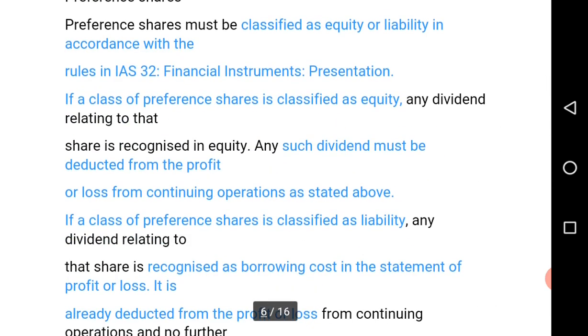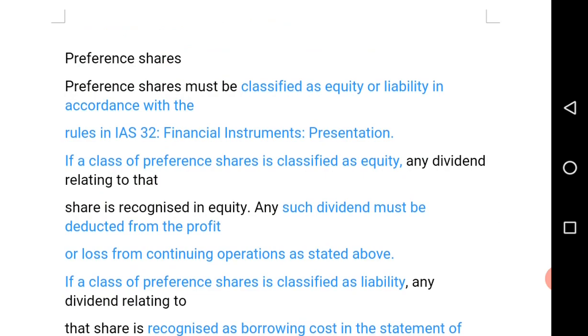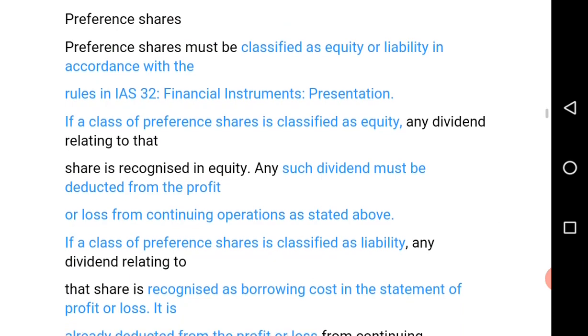So we'll start with the definition of preference shares. What are preference shares? Preference shares must be classified as equity or liability in accordance with the rules in IAS 32 Financial Instruments: Presentation. If a class of preference shares is classified as equity, any dividend relating to that share is recognized in equity.